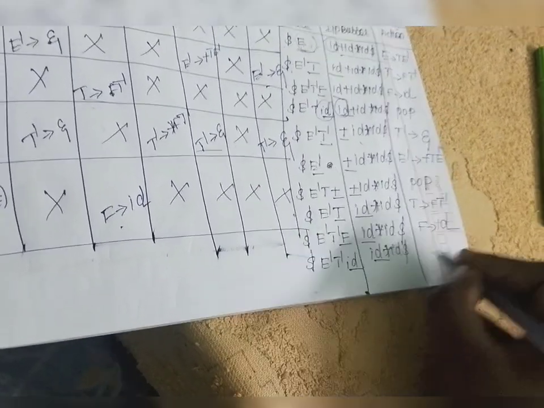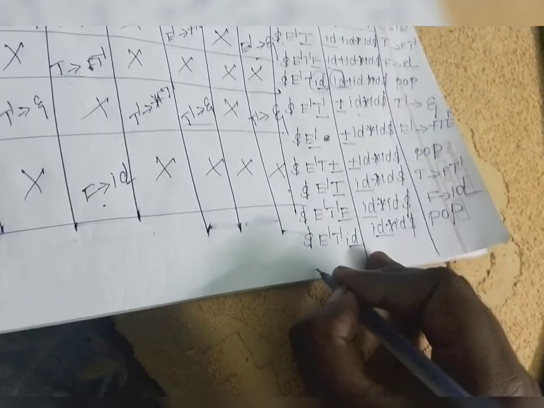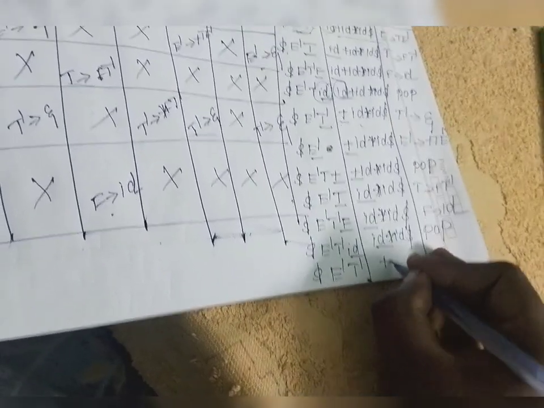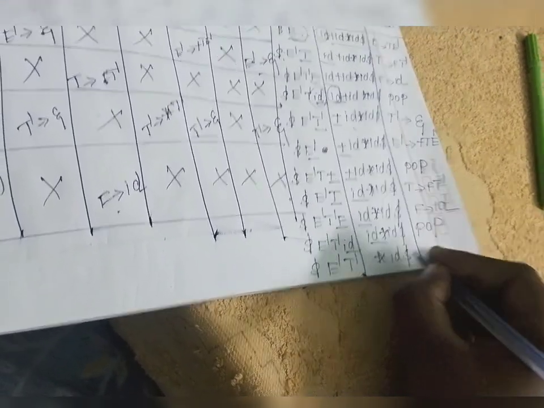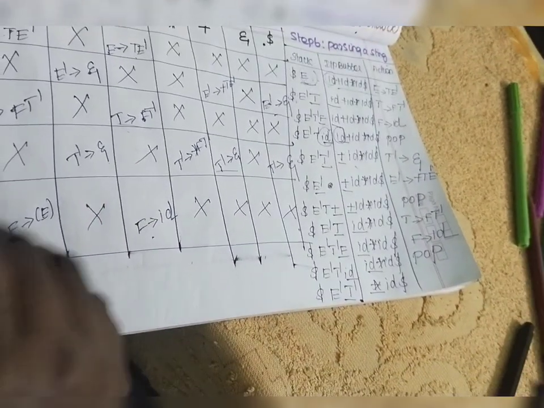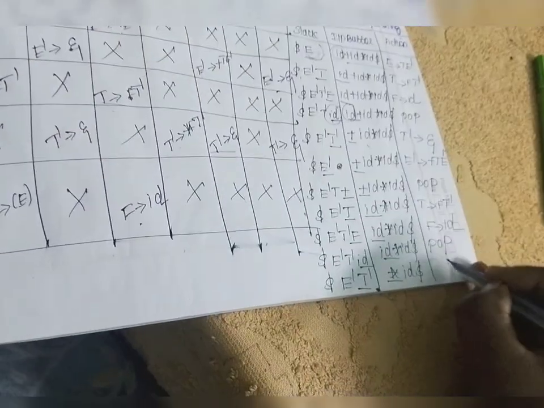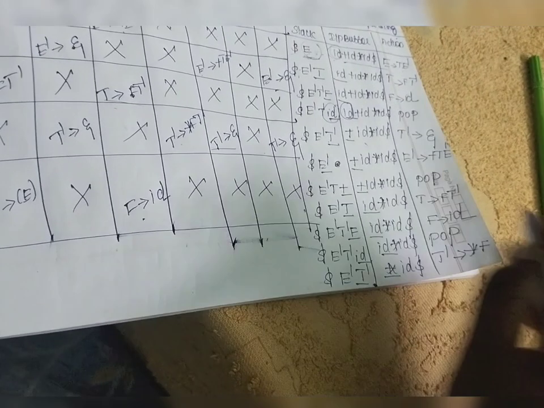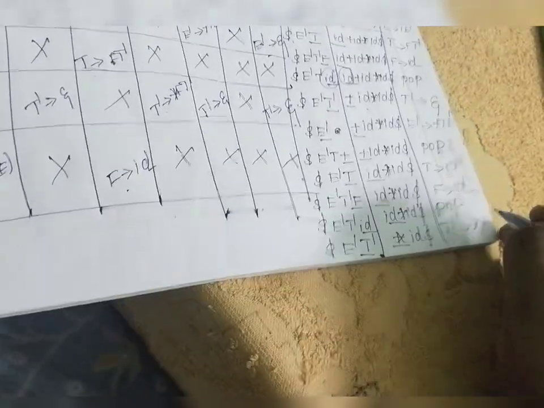So ID, pop this, then you can get dollar E dash T dash, here star ID dollar symbol. Then you can check T dash and star. T dash and star having one production, that is T dash tends to star F T dash.